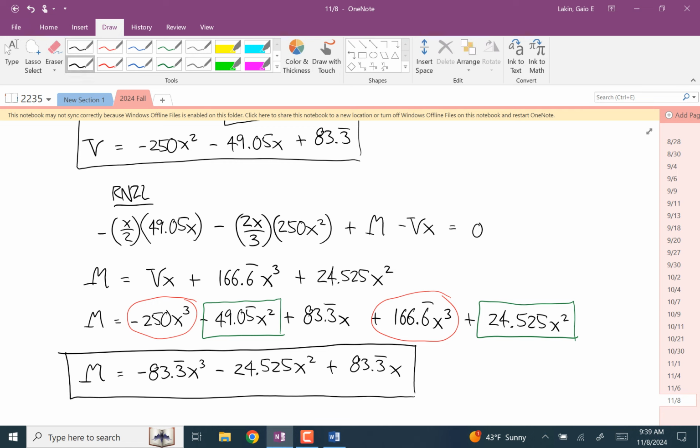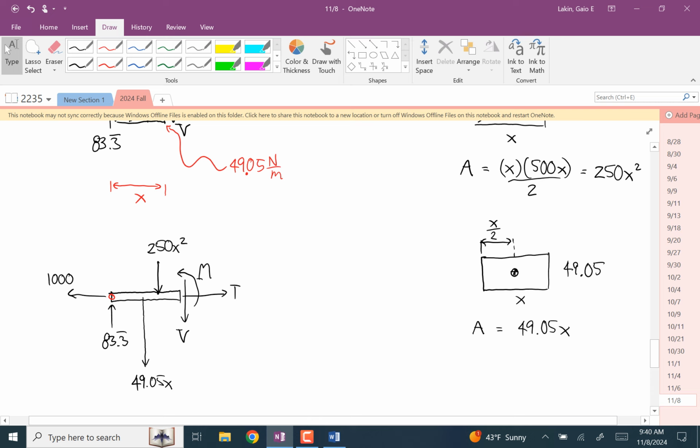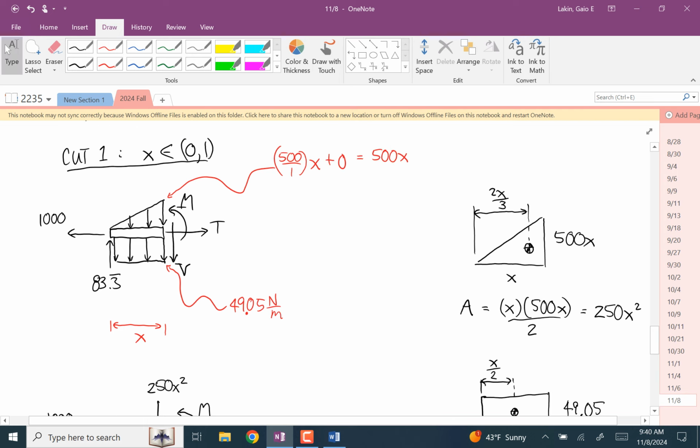And then we're expecting negative dV/dx to equal q. Well, we have to think a little bit about what q is first. So q is the total distributed load function on this cut. We have one distributed load function that's 500x, and another that's 49.05. So our total q is going to be 500x plus 49.05.